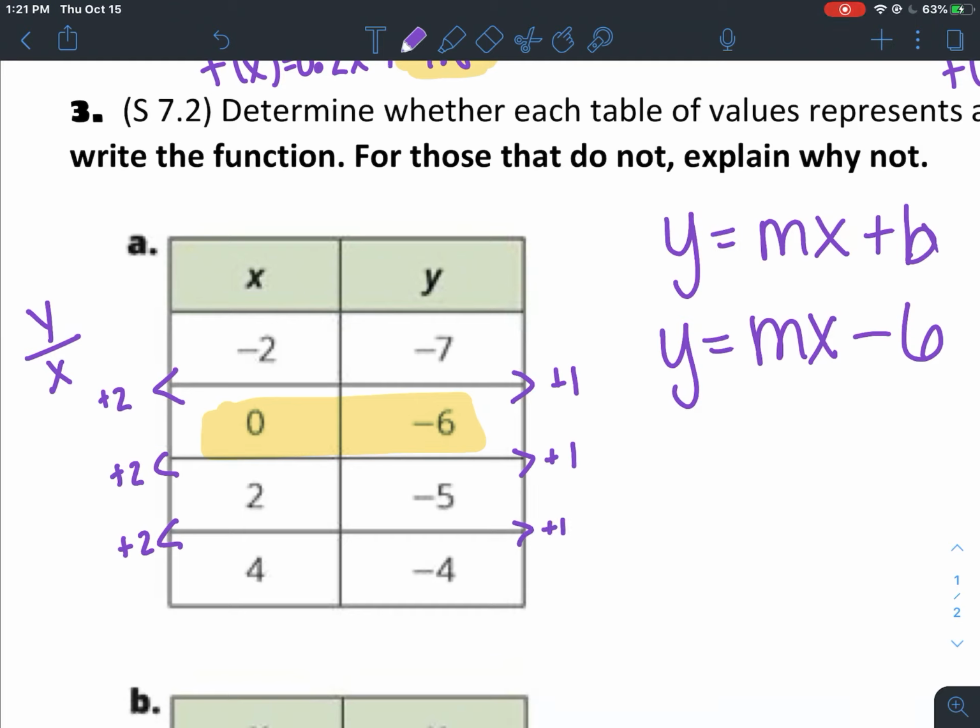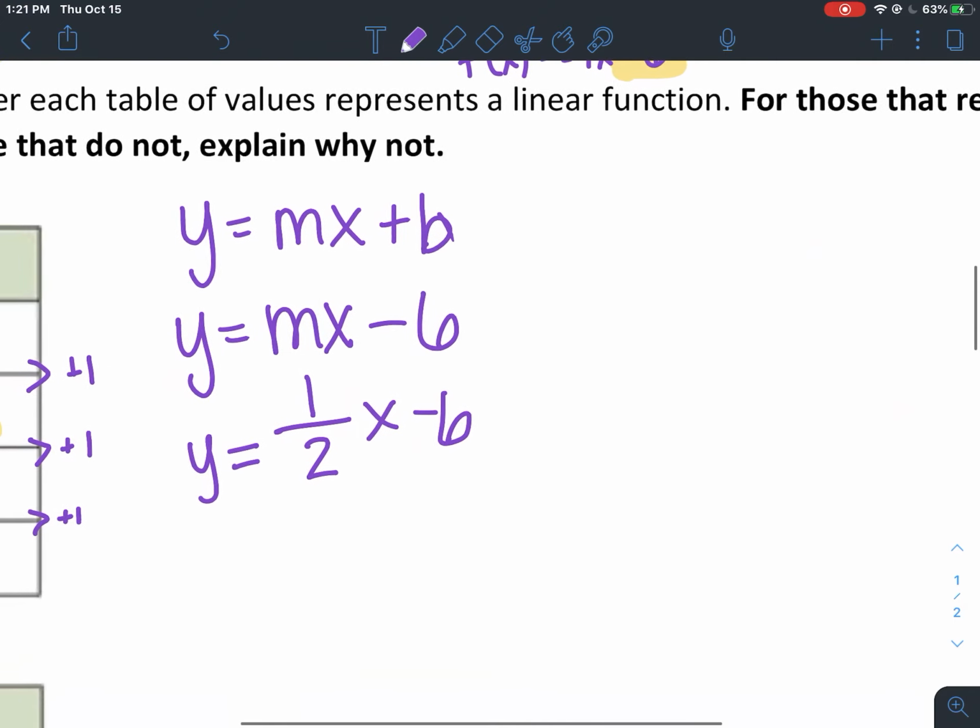So what is my slope? Difference of the y's, which is 1, over difference of the x's, which is 2. So y equals 1/2 x minus 6.